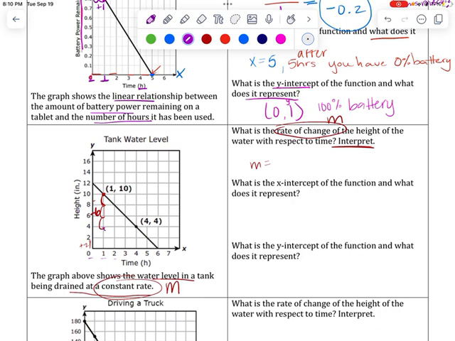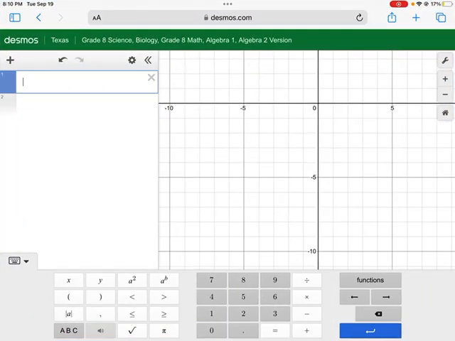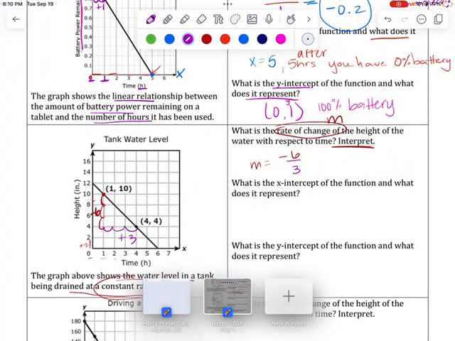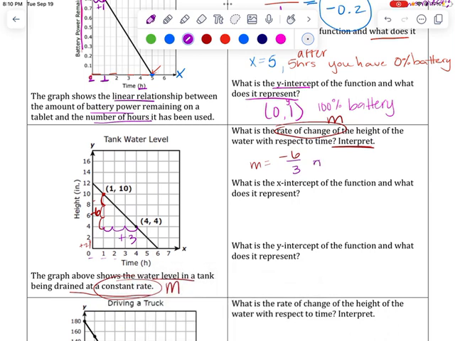Okay, yeah. 1, 2, 3. That one I can just use 3s. So this is negative 6 over 3. Simplify that real quick. That gives me negative 2. My rate of change is negative 2.